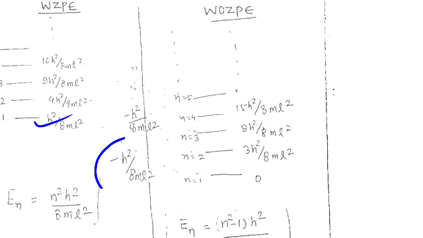What we have just done is subtract h square upon 8 ml square so that we get an energy of 0, and subsequently we find the energies of each of the levels, n equals 2, 3 and 4 and so on. So we can find the energies of all the energy states just by subtracting h square upon 8 ml square from each of the terms having zero point energies, giving the system without zero point energies.